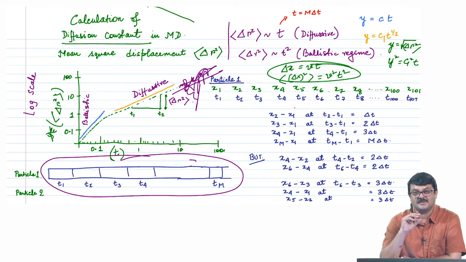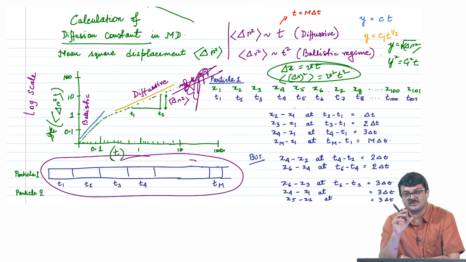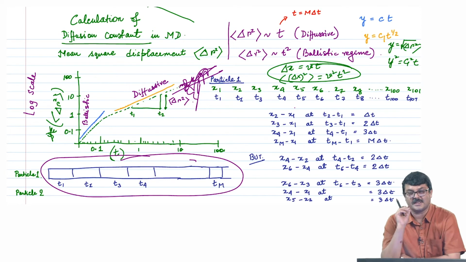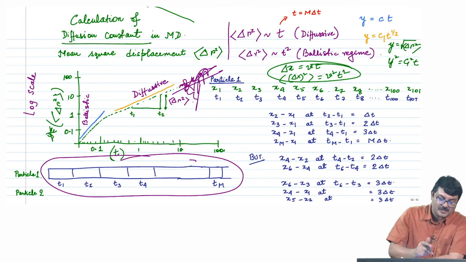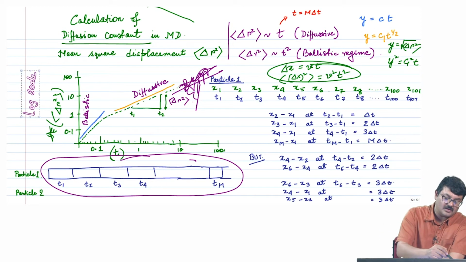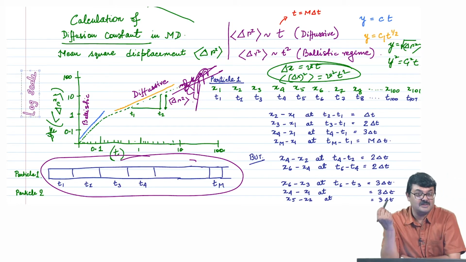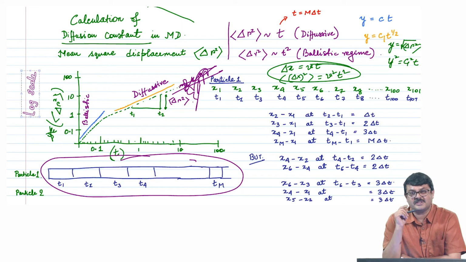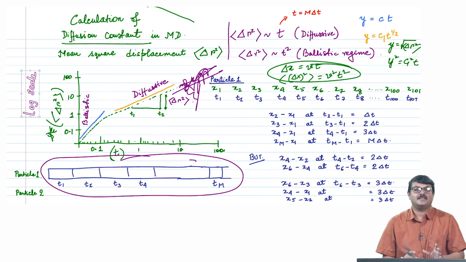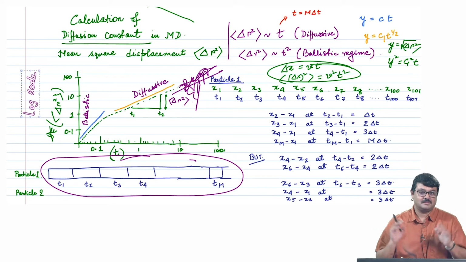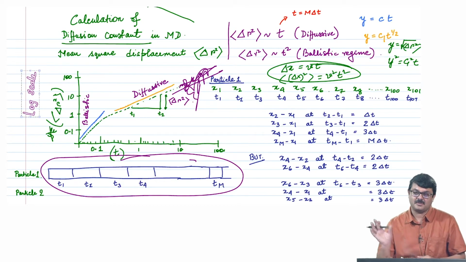So, you do not need to save it at 10,000 iterations, 10,001 iterations, 10,002 iterations, especially since you are using a log scale. What you could well do is save the difference in positions at 10,000 iterations, 20,000 iterations, 30,000 iterations, 40,000 iterations, and then average the displacement over that.